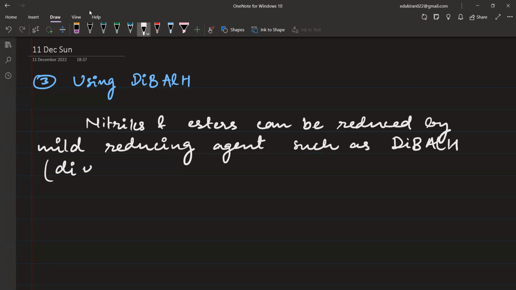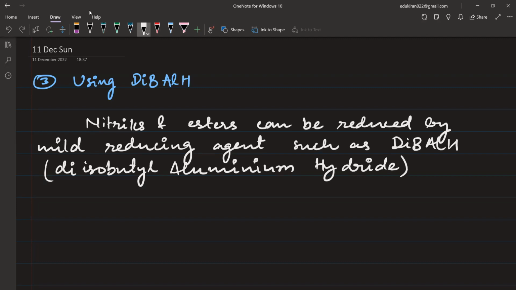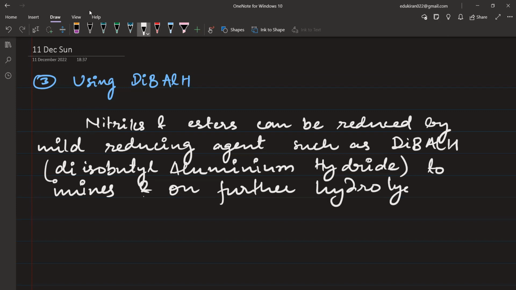It is diisobutyl aluminium hydride. Nitriles and esters can be reduced by mild reducing agents such as Dibal H to imines, and on further hydrolysis, they give aldehyde.